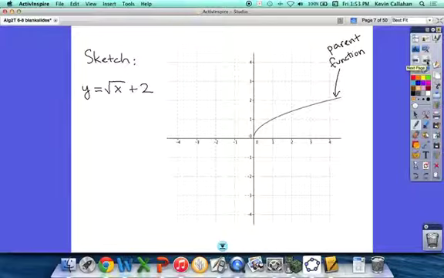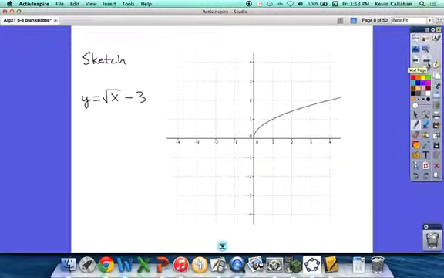Okay, so let's see. What kind of shift do we expect to see here? Up 2. A plus after means up. So you would just start, we're not plotting points here, we're just taking this, which is the graph of the parent function, and moving it up 2. So instead of starting at 0, 0, start it here and draw something that has that general shape.